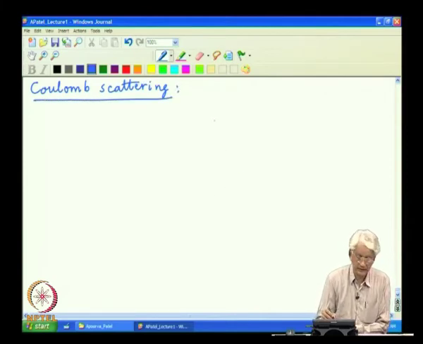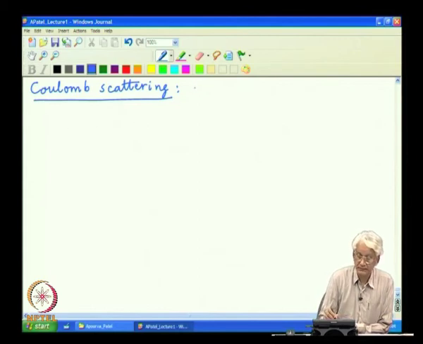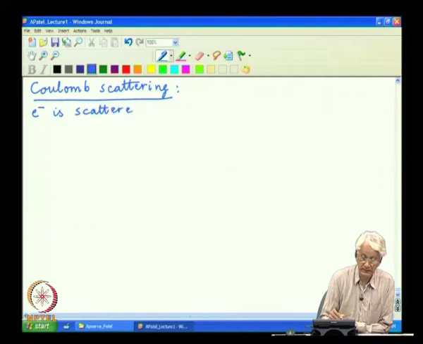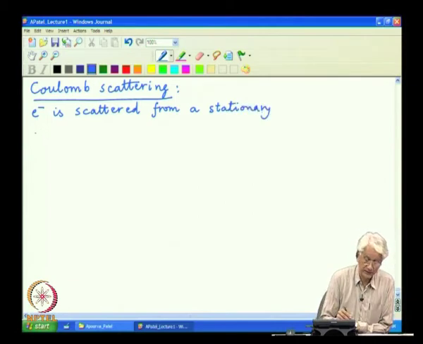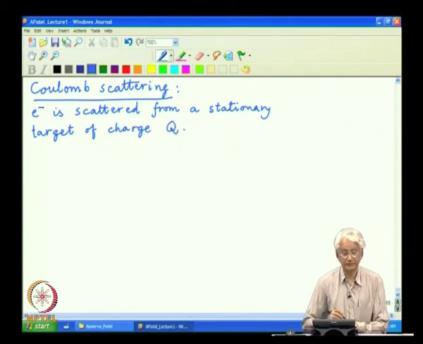This is a process where an electron is scattered from a stationary target of, say, charge q.